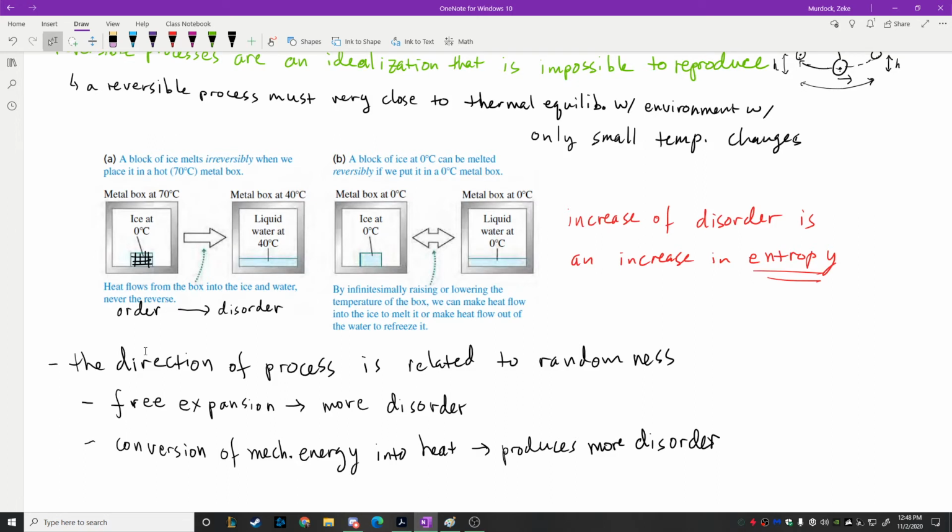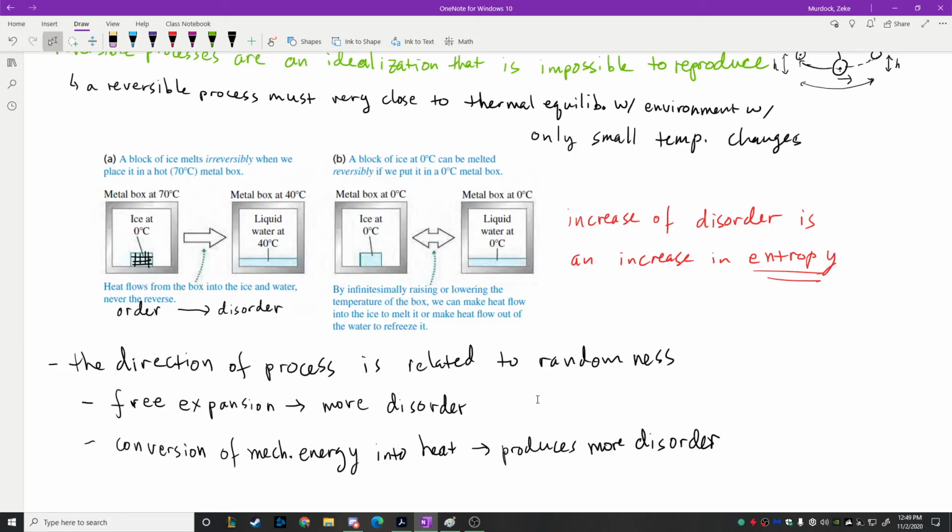Okay? One of the simplest examples of this is, imagine you take a glass and you hold it above a concrete floor and you drop the glass. It shatters into thousands of pieces on the floor. When all that glass was formed as a glass, it was ordered, right? Now that you have all these pieces of glass separated out on the floor, they're disordered, right?